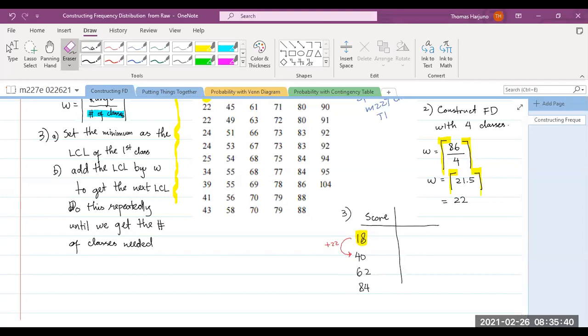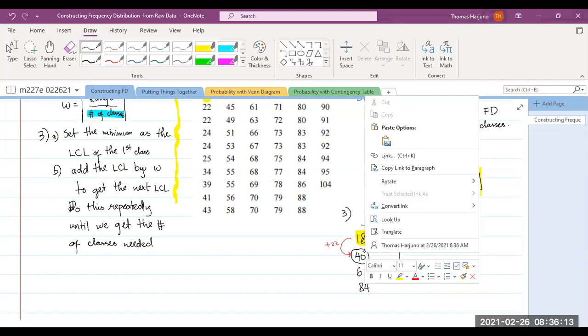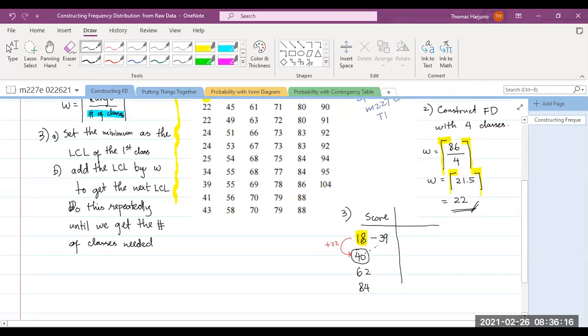Now then, how do we find the upper class limit? The upper class limit will be found in the following way. The first class is 18 up to what? 18 up to one number less than 40. So I use 39. Why one number, Thomas? Because remember we rounded to the nearest integer, right? If we round to the nearest integer, then I subtract one integer from the next lower class limit to get the previous upper class limit.